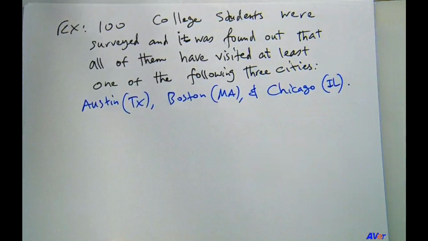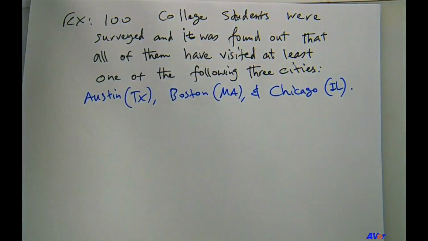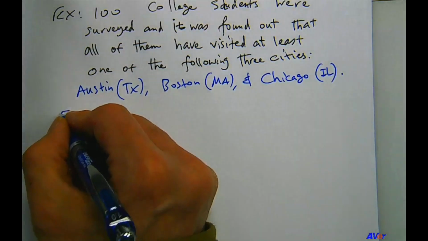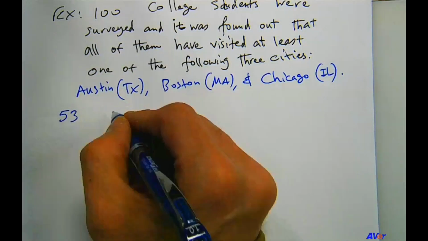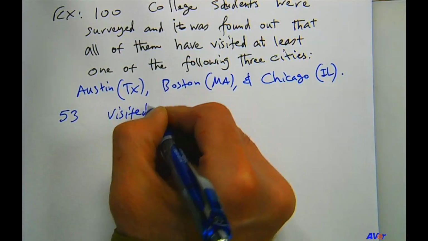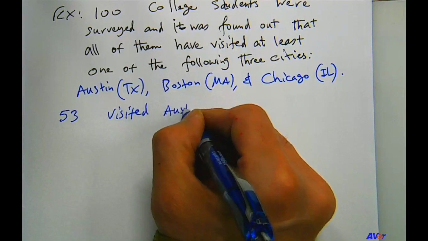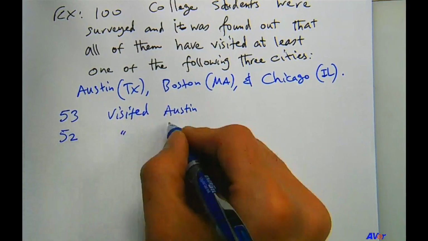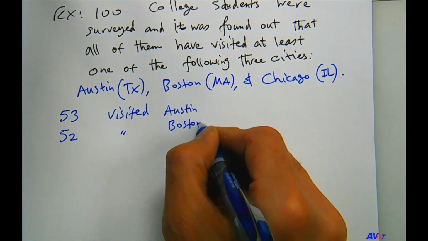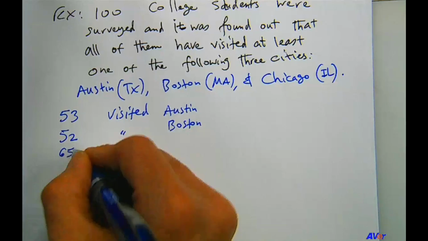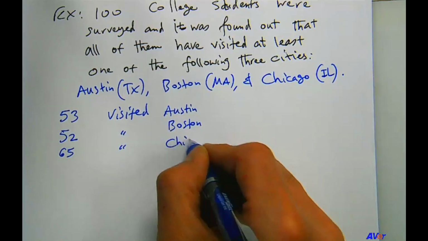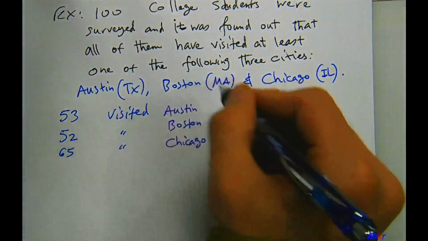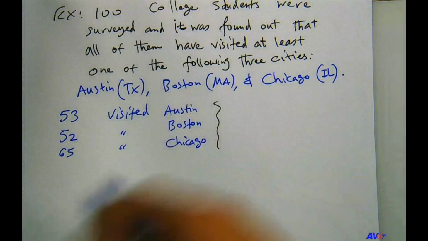Okay, and so here is the data. We have 53 who visited Austin. We have 52 who visited Boston. 65 visited Chicago. And then let's put the rest of the data on this side.